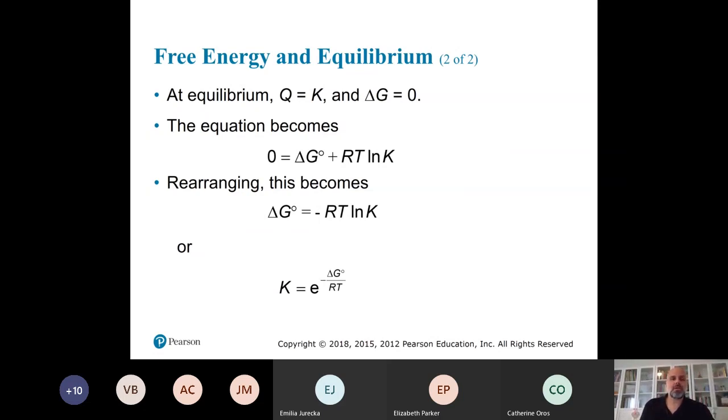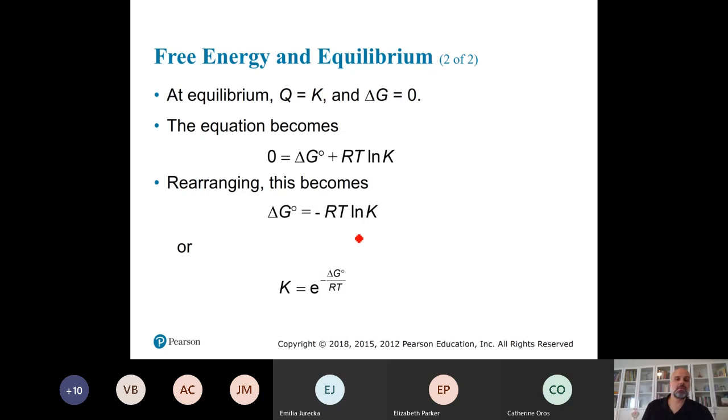So, free energy and equilibrium. At equilibrium, Q is equal to K and delta G is equal to 0, right? So the equation becomes 0 equals delta G naught plus RT times the natural log of the equilibrium constant K. Rearranging this equation, delta G naught equals minus RT times the natural log of K, the equilibrium constant of the reaction.